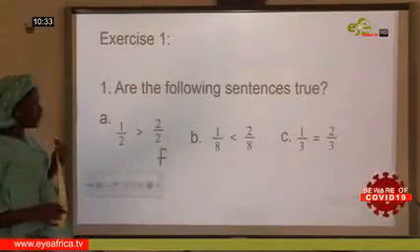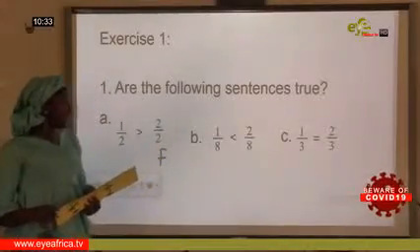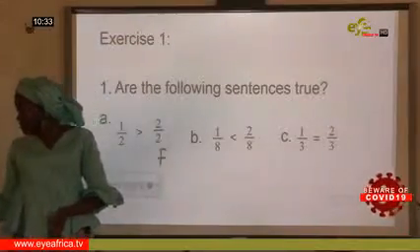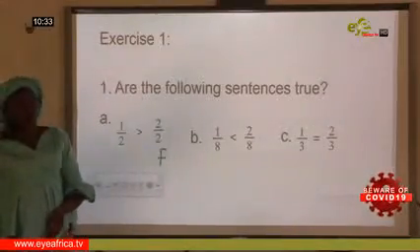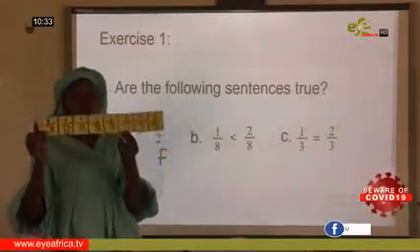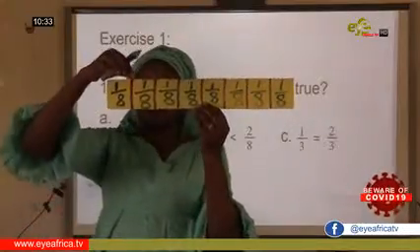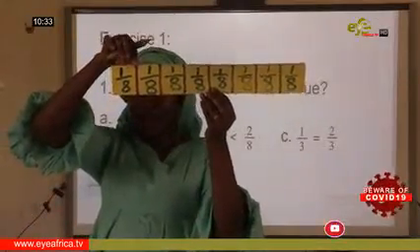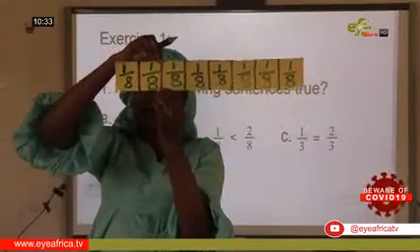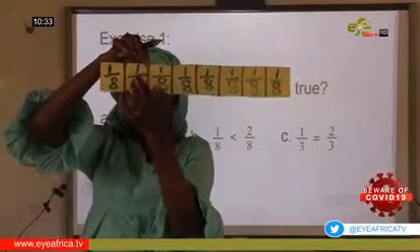A is false. B says 1/8 is less than 2/8. I want you to answer this on your own by looking at this chart. When I'm here, I have 1/8, that is 1 over 8. Here we got 2/8, that is 1/8 plus 1/8.